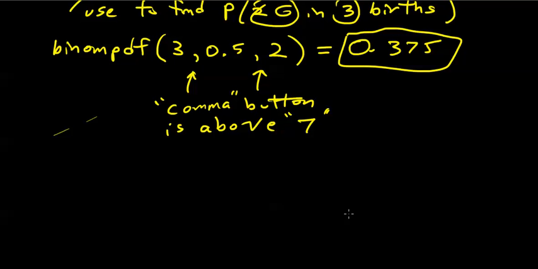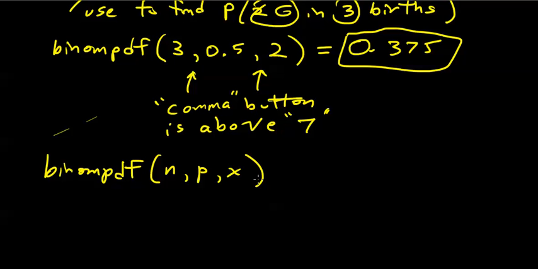Using this binom PDF operator, again that stands for probability density function, we can generate the probability of a number of successes in n trials for values really limited only by the memory of the calculator itself.